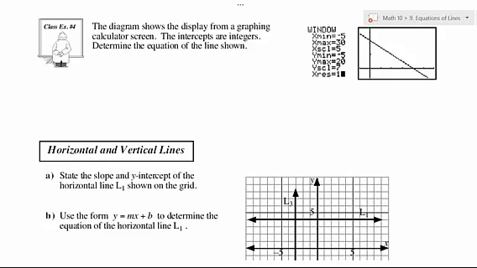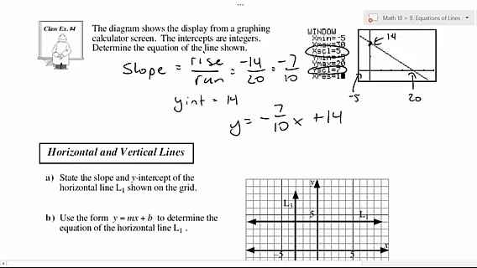Press pause now. So class exercise number 4 is a little bit more difficult unless you check out that we have an x scale of 5. So here is 5, 10, 15. So we're at 20 with our x-intercept. And here we have a scale of 7. So this is 7, this is 14 for our y-intercept.